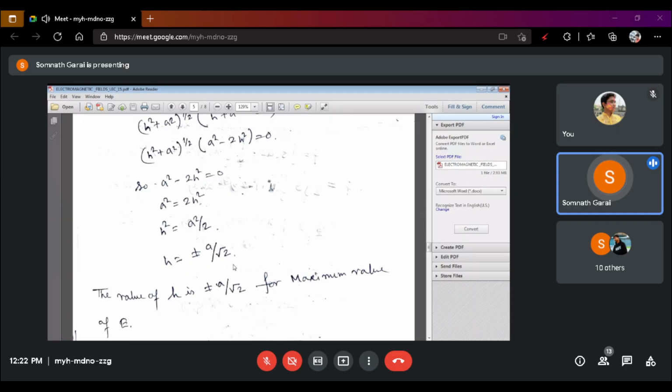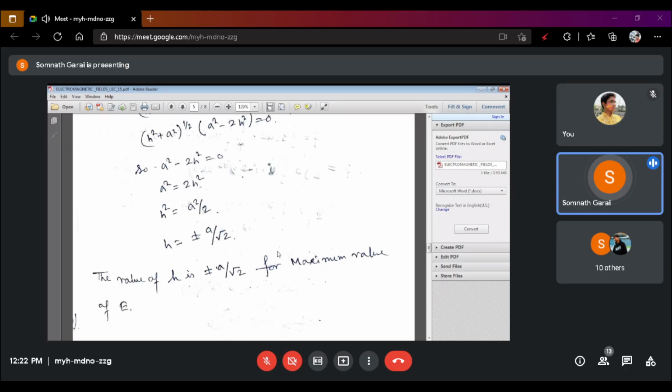That means the value of H for the maximum electric field intensity is given by the radius of the circle divided by root 2. A is the radius of the circle, divided by root 2. That is the maximum height for the maximum electric field intensity.